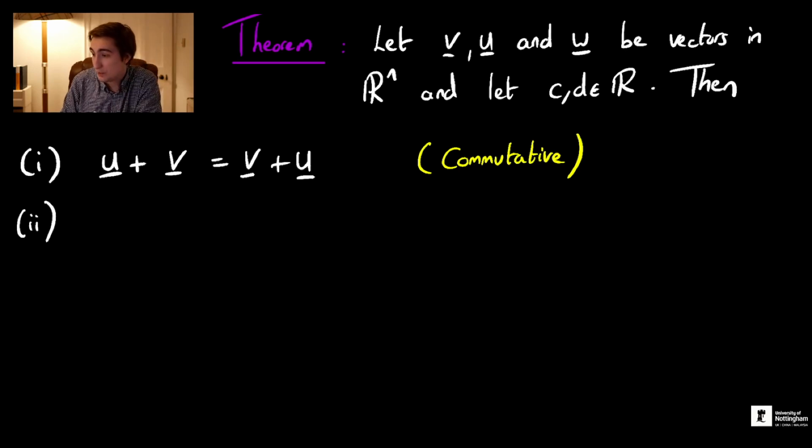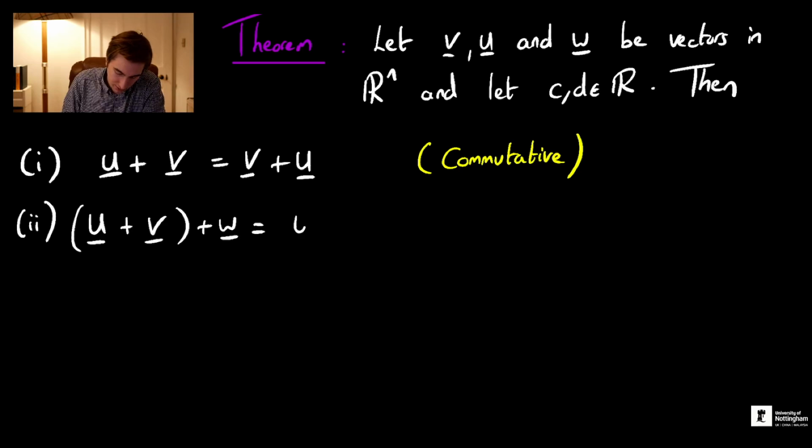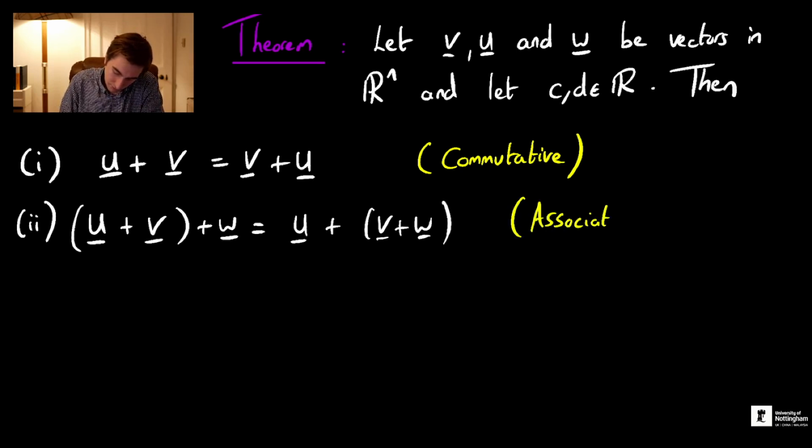Well, we could also look at a slightly different property: if we first do u plus v and then we add w, that's the same as first doing v plus w and then adding u. And this is what is known as associativity. This might seem fairly obvious, but not all algebraic structures necessarily satisfy this property. But it is a property, and therefore we write it down.